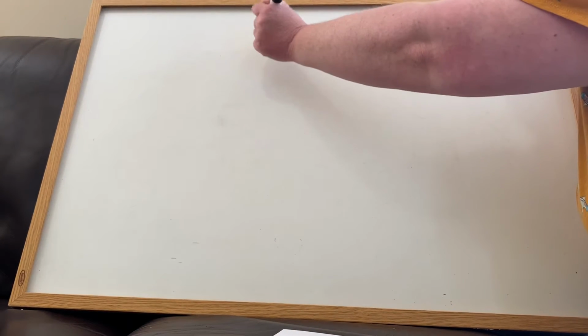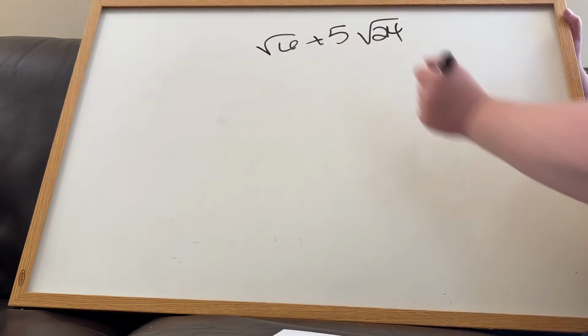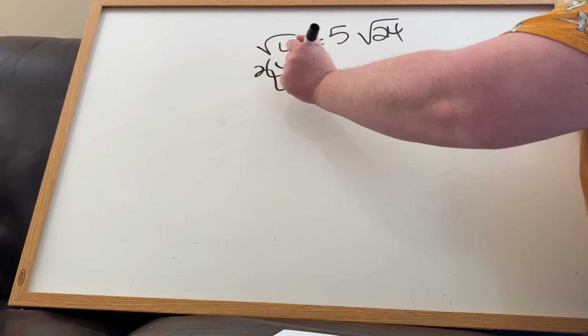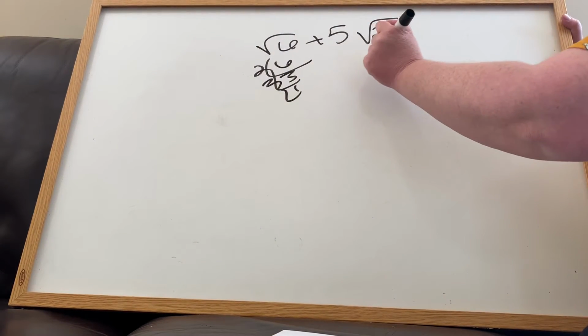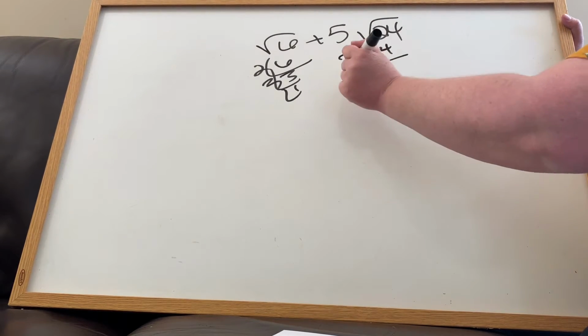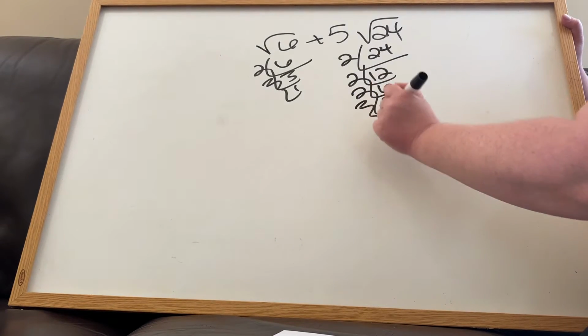Going, let's say, across and not down. So we've got the square root of 6 plus 5 square root of 24. So you want to try and break them both. So 6 divides by 2 and 3, so you have pairs of nothing, which is fine. So then you want to break 24. So you have 2, 12, 2, 6, 2, 3, 3, 1.